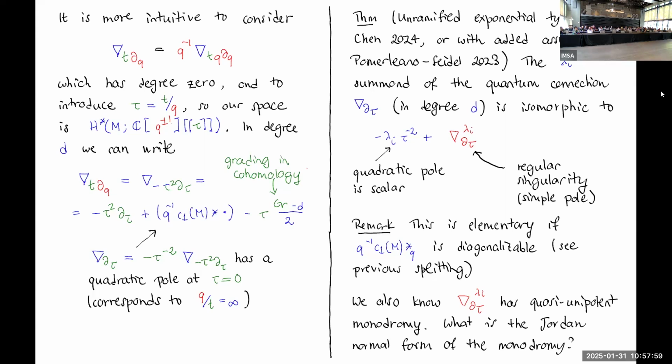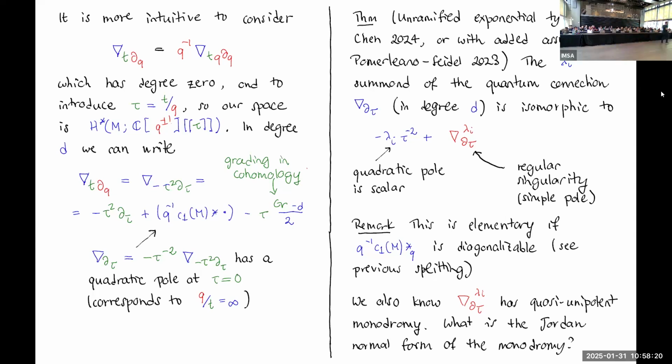This is the grading operator that multiplies the degree k homology class by k, and this is the degree in which we're operating, degree d. So I've rewritten the connection this way, and since it's differentiated in this direction, we can divide by tau squared, and we get an ordinary tau connection.